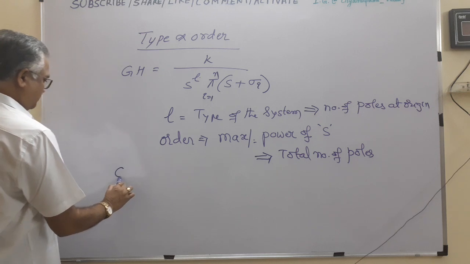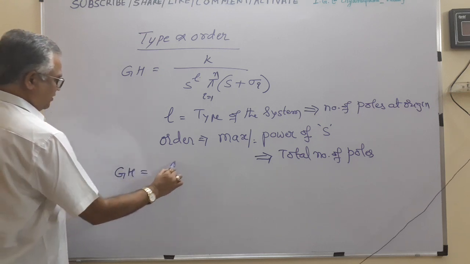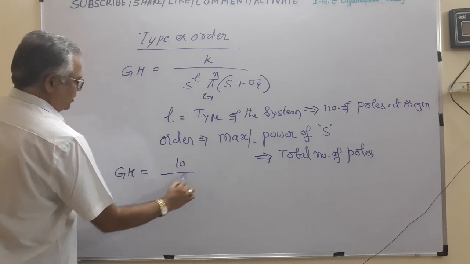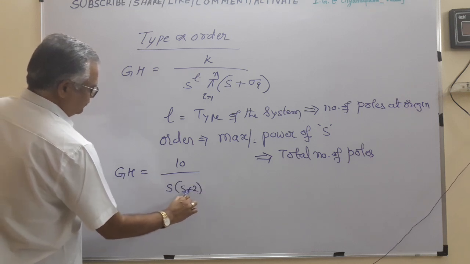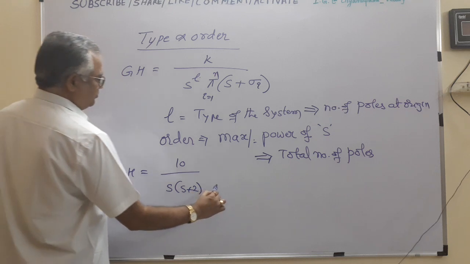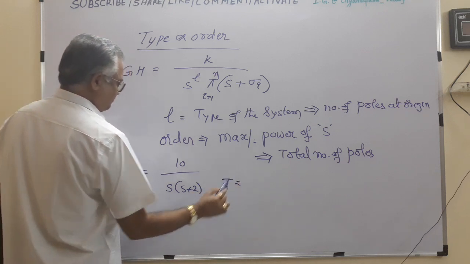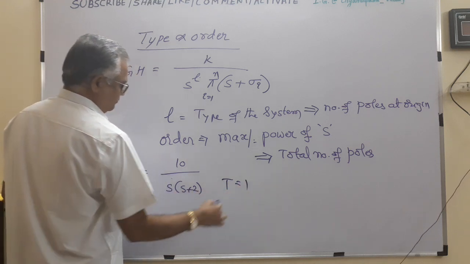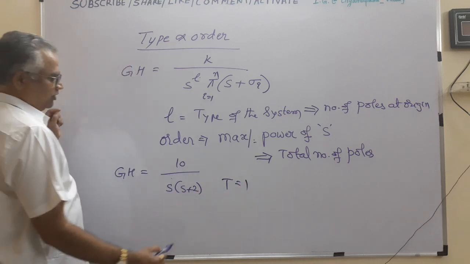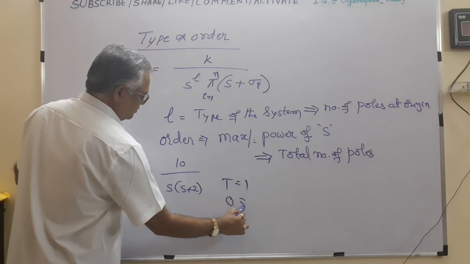For example, if GH is given as 10 by s into s plus 2, what is the type? The s power here is 1, so type 1. What is the order?